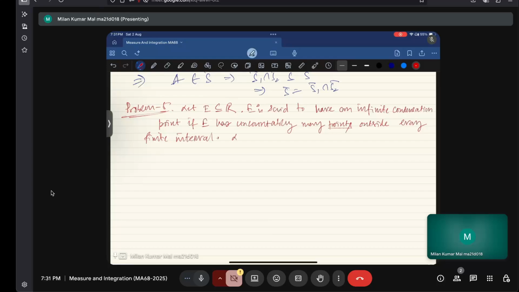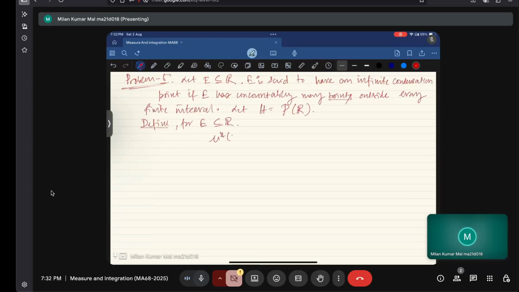And let H equal P of R, that is the power set of R, that means the collection of all subsets. Define an outer measure for a subset E of R: mu star E is equal to 0 if E is empty, or finite, or countable.